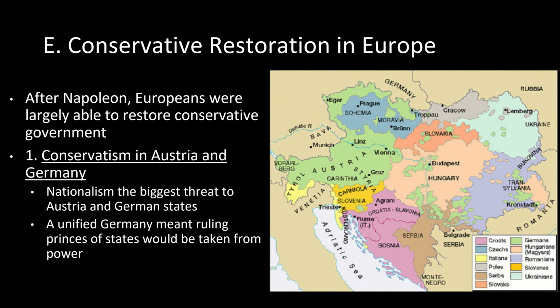That is one of the biggest threats to the nobles in power, because a lot of noble princes still rule some of these states, and a united Germany would mean they would be kicked out of power and have to submit to the ruler of this new German state. So this idea of a unified Germany is a big threat to the Habsburg Empire. Pause if you need to.